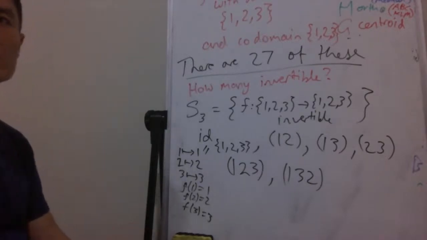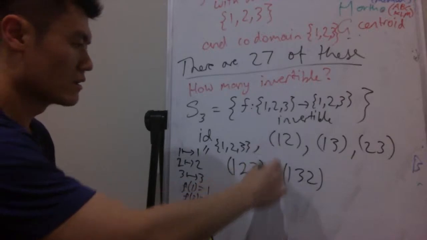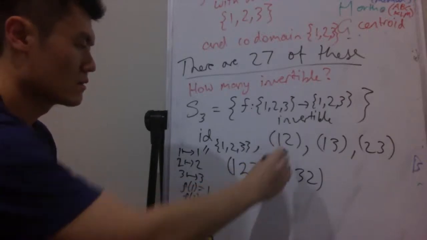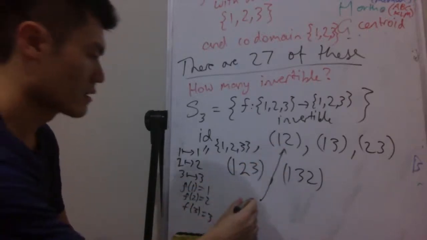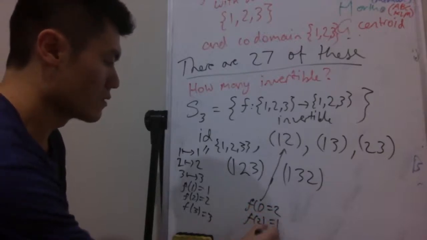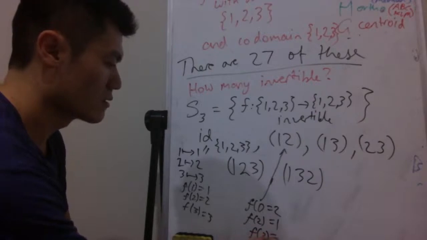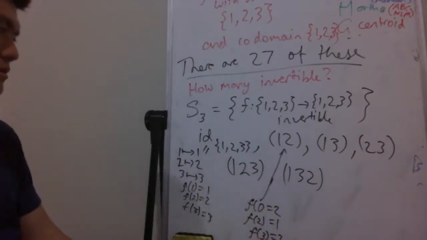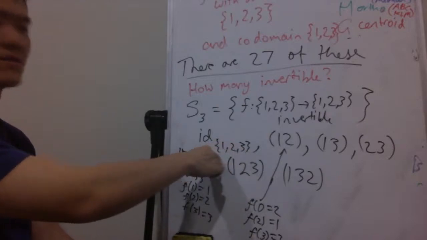Does that make sense? And this function here would be f of 1 equals 2, f of 2 equals 1, and f of 3 equals 3, yeah? So can you see you can't fix 2 points and then not fix the third as well, right?